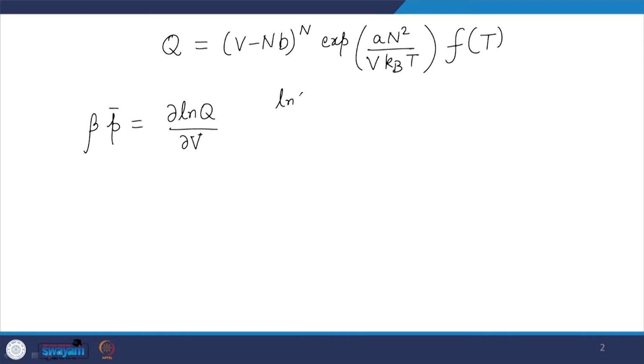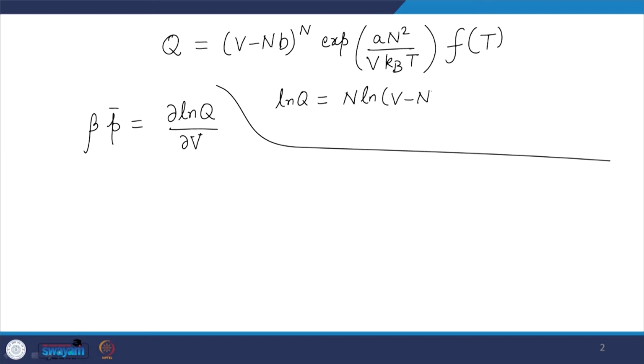So, ln q in this case will be n ln (v minus nb) plus a n square by v kBT, plus ln of f(T).